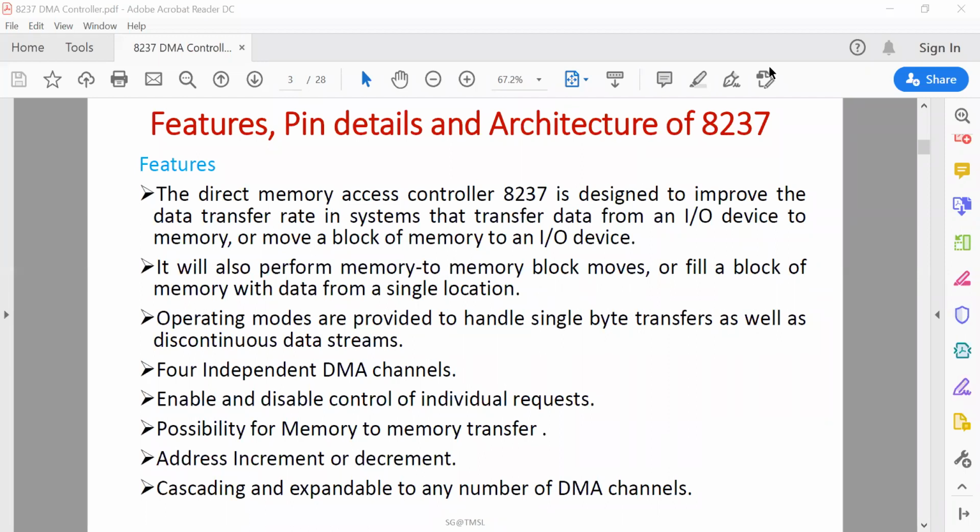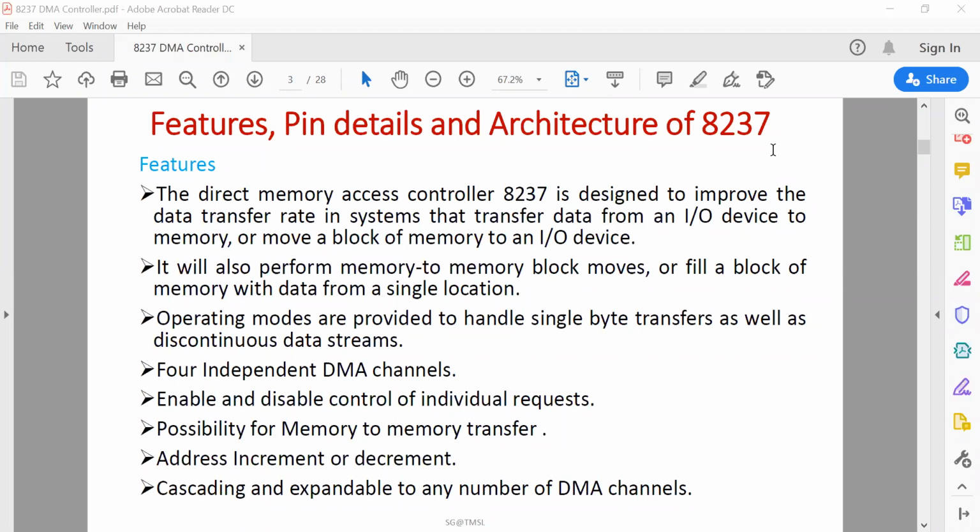Now, 8237 and 8257 are both DMA controllers, but 8257 is the oldest version. 8237 is the newest version, and it has better performance compared to 8257, because the 8237 is capable of transferring a byte of data or bulk data between system memory and peripheral devices in either direction.